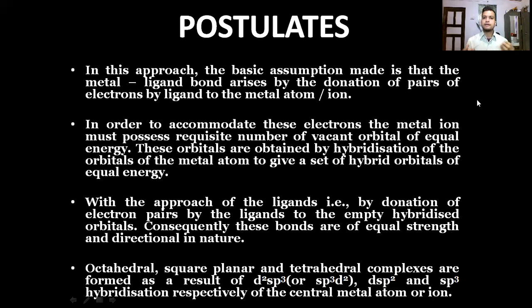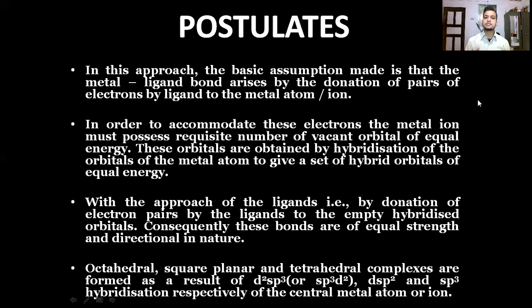So obviously, if a coordination complex has 6 ligands, then the metal must have 6 empty orbitals so that it can accept 6 pairs of electrons, because one orbital can take 2 electrons. So the basic criterion for a metal to form a coordination compound is that it must have the required number of empty orbitals.